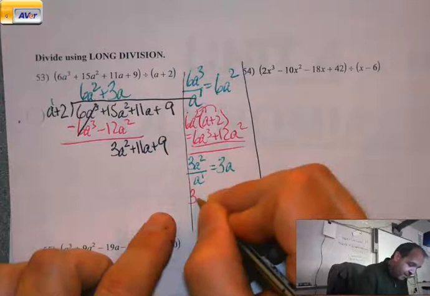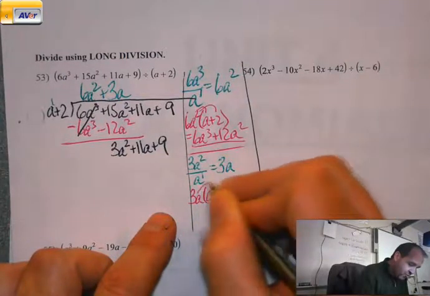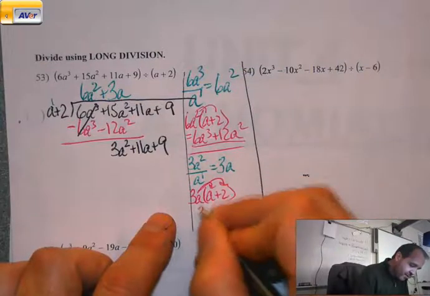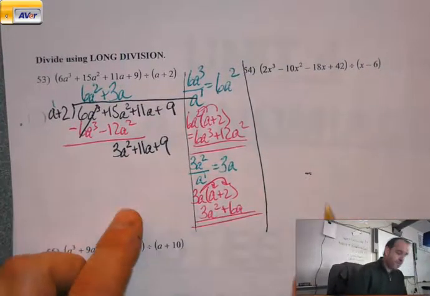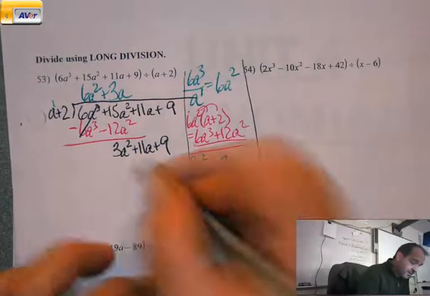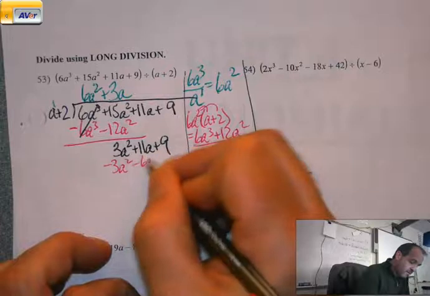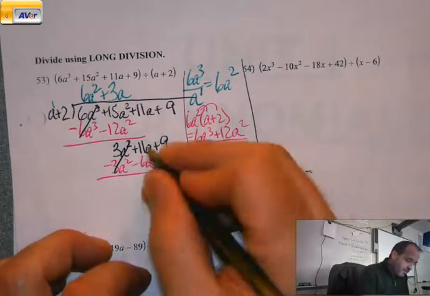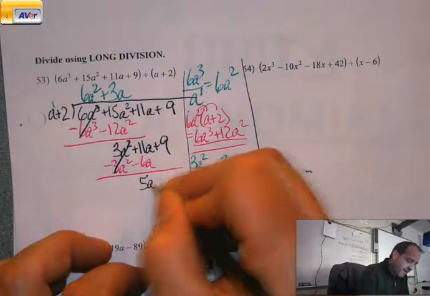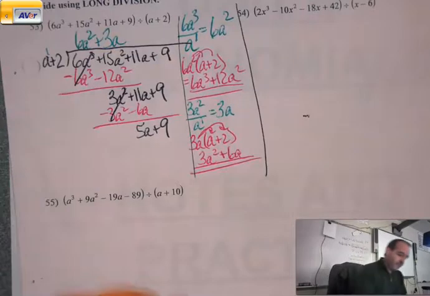Get through there. So 3a times a plus 2, a little distributing. Switch your signs. First one's canceled. 11 minus 6 is 5a. You're like, oh, already. Last one, I promise. Last one.